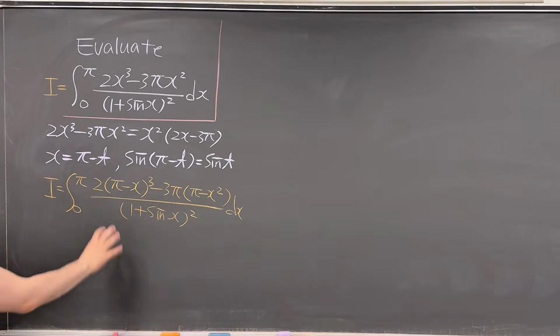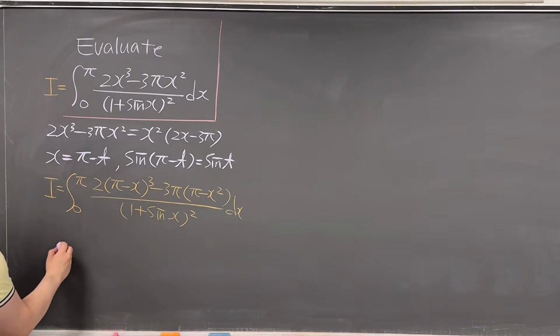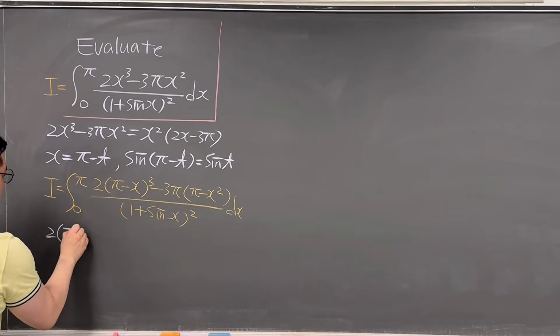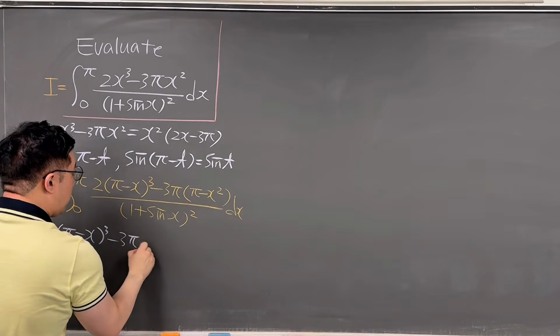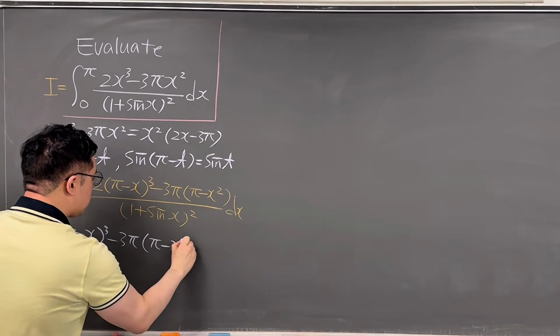And at the same time, if you work on the numerator part, it is now 2(pi minus x) cubed minus 3 pi (pi minus x) squared.